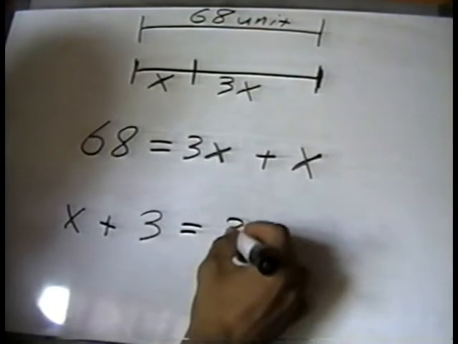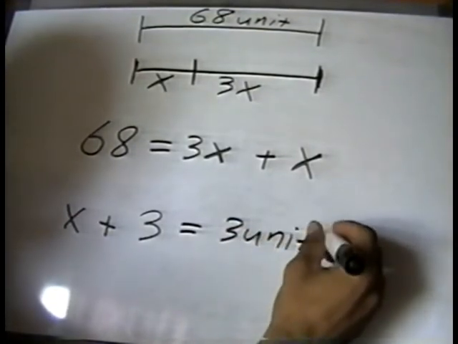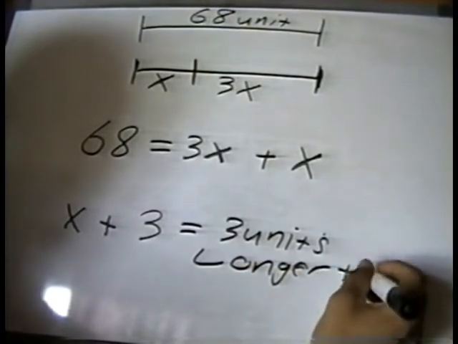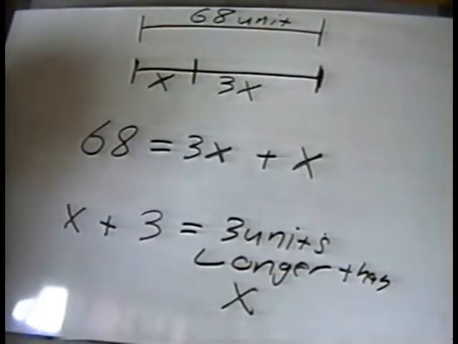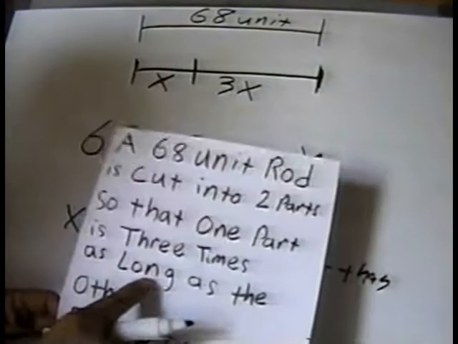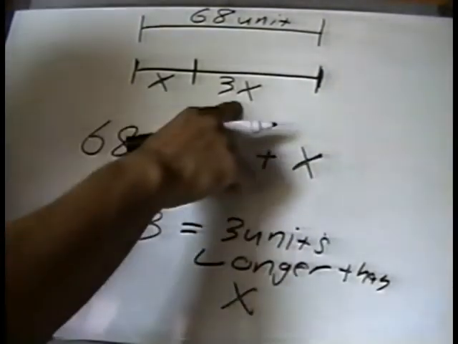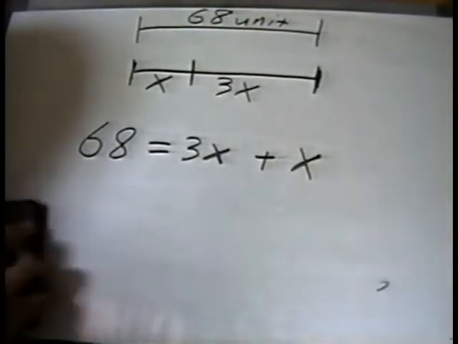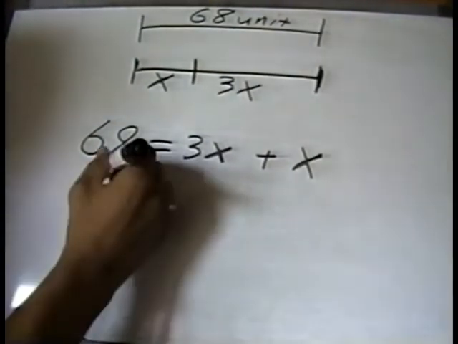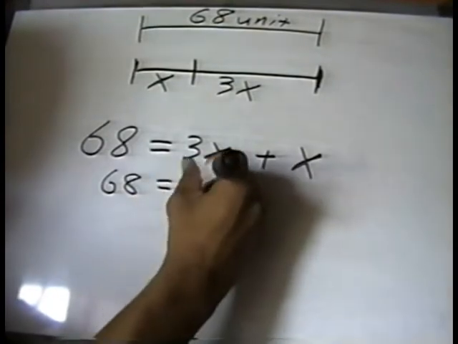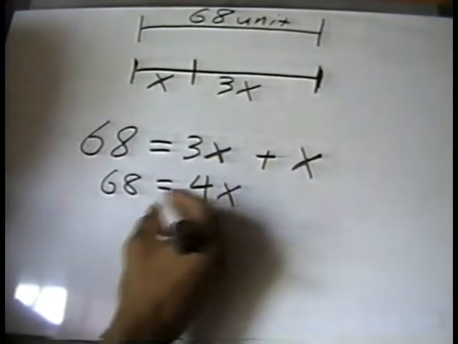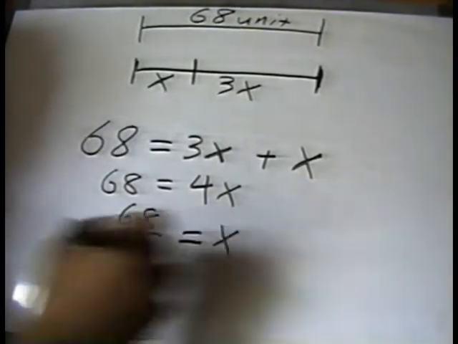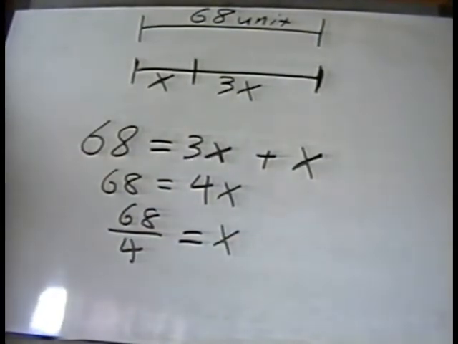It does not say 3 units longer. If it said 3 units longer, you would have x plus 3. It's 3 units longer than x. But here we have 3 times as long as, so that's 3x instead of x plus 3.